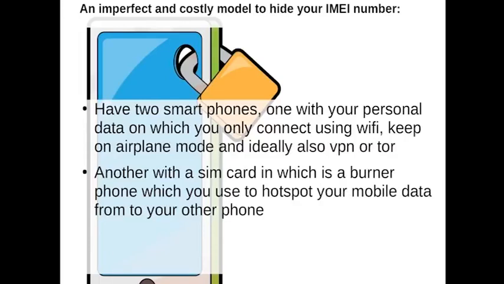You then turn on the hotspot for your mobile data from this, and then connect to it using phone 1. This phone then is just a bit more disposable, and it makes it easier to dispose of and then get another phone, because you don't have to transfer all your contacts, all your data, and set up your apps all again.